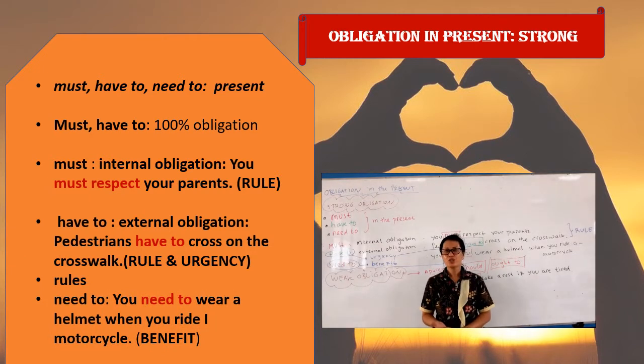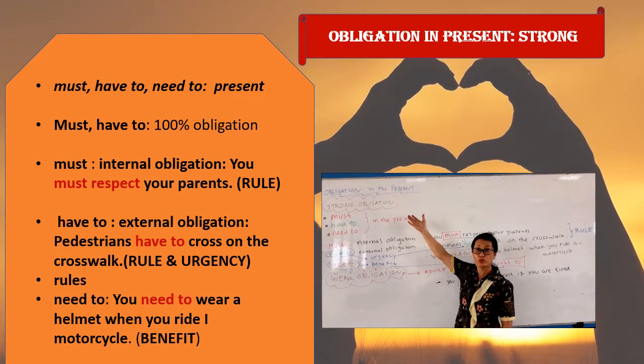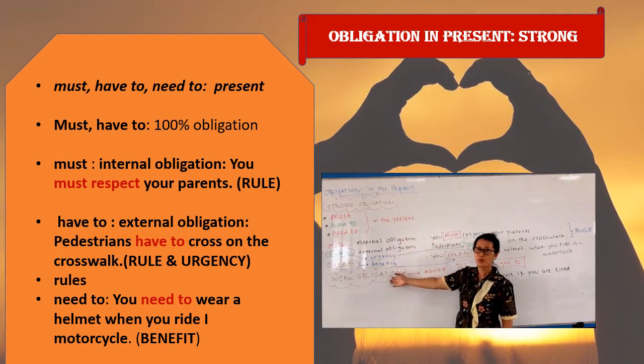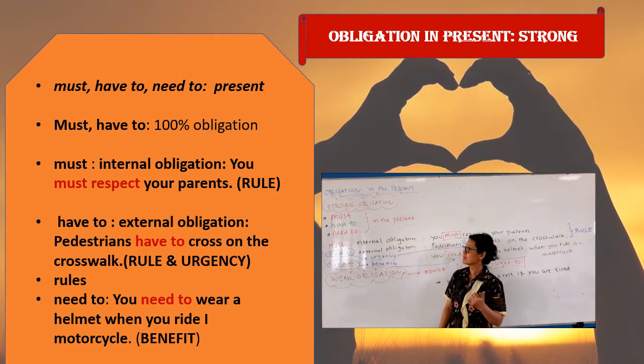Okay, now let's continue. Here I have obligation in the present, and it is divided into two. You have strong obligation, remember, and weak obligation. In common, we use three: must, have to, and need to, and we use them in the present.